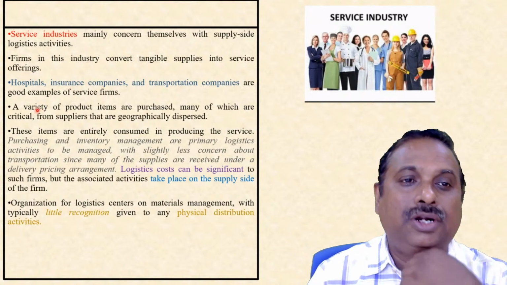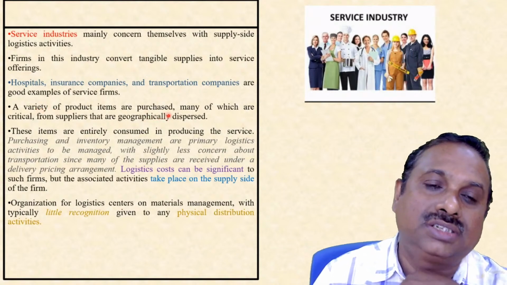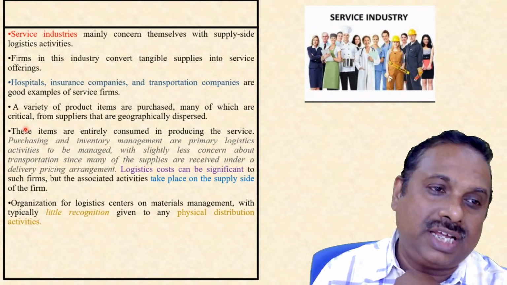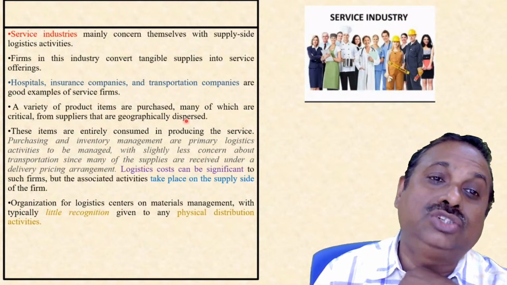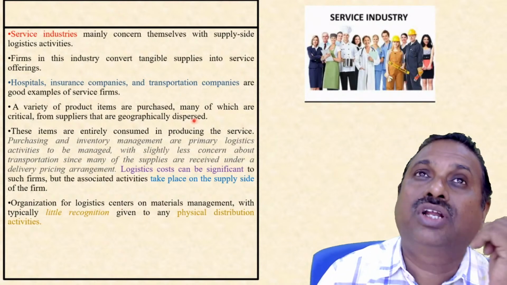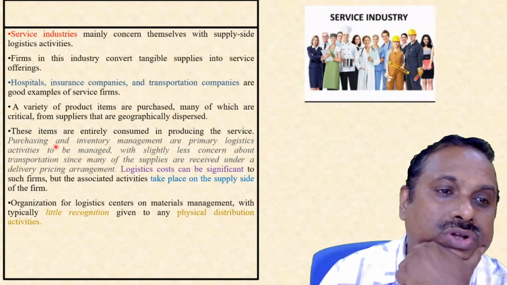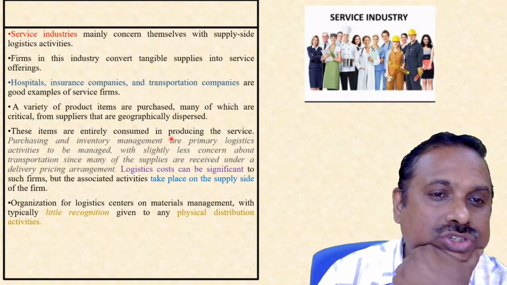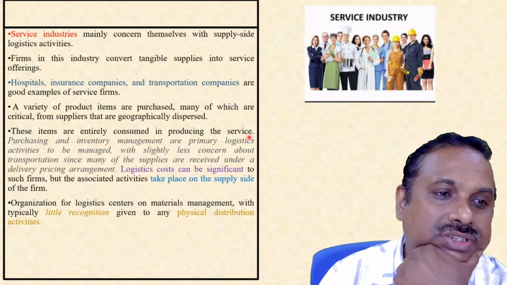Here a variety of product items are purchased, many of which are critical, from suppliers that are geographically dispersed. You get material from foreign countries also. These items are entirely consumed in producing the service.